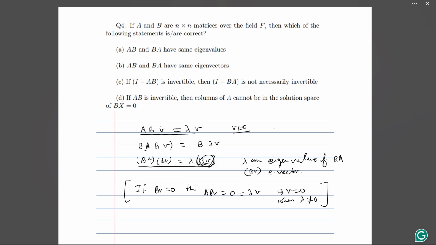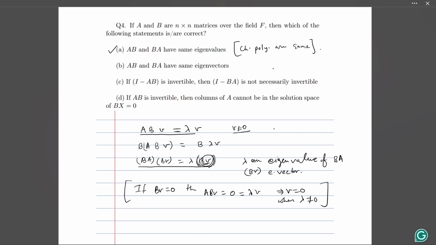This is correct because their characteristic polynomials are the same. This result you can see on the internet. I will give the link in the same page.